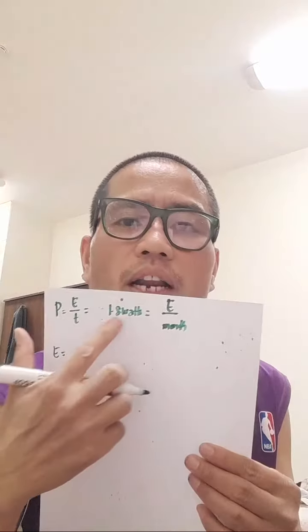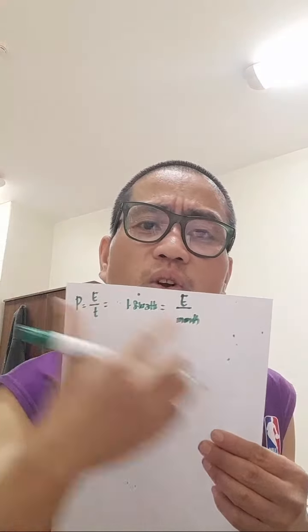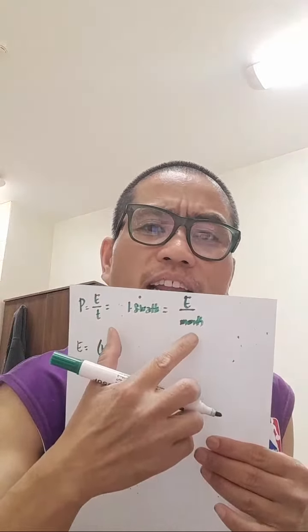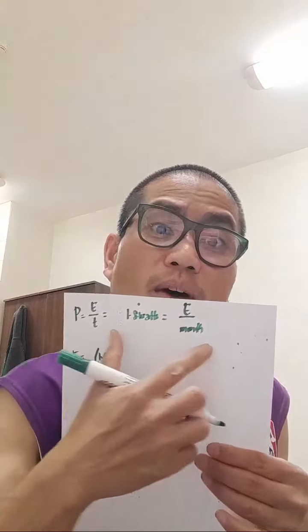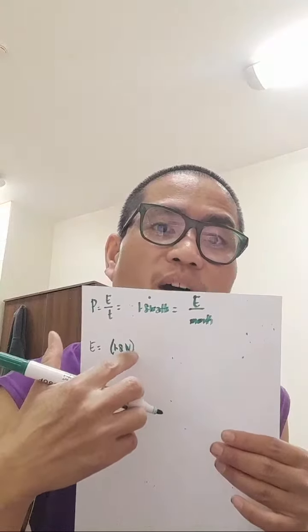Now, cross multiply, as in algebra, and we obtain energy is equal to the power, which is 1.8 watts, times the time, which is month. But before going to month, let's go back first to hours, because month is the end point. We will start from the seconds or hours, because the month is the final point.